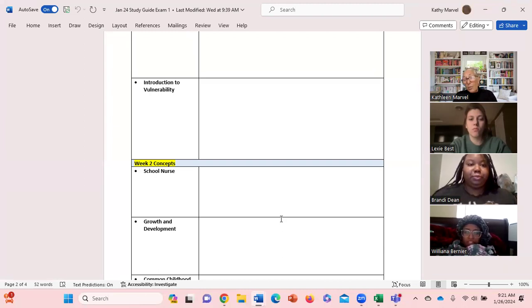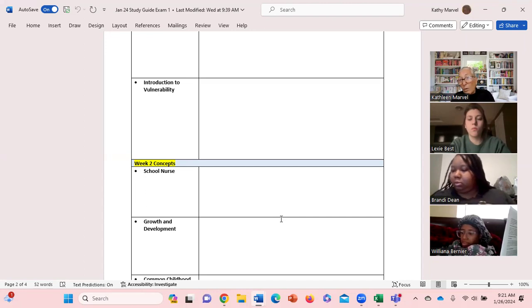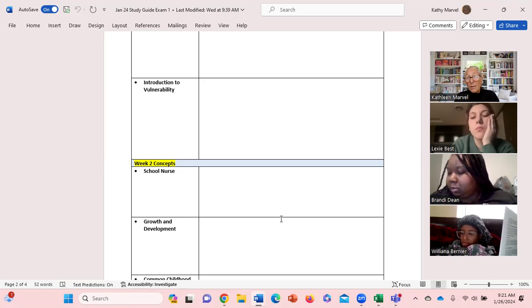That's one of our jobs as a community nurse, to try and increase the resilience of people. Remember, what is resiliency? You're going to try and overcome risk factors and situations and conditions that may increase your vulnerability. So one of the things we do is help people, families, or groups of the population become more resilient.